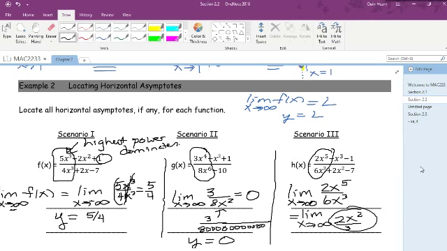That's a parabola, right? So as x goes to infinity, the parabola is going upward. And also if x goes to negative infinity, the parabola is going upward as well. So both the limit to positive and negative infinity is going to be positive infinity, which means that there is no horizontal asymptote.